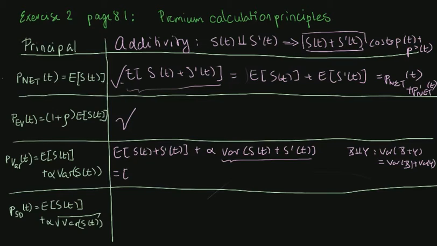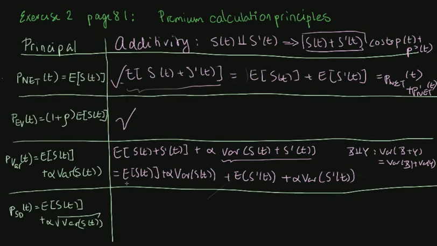So I have the mean of S of t plus alpha multiplied by the variance of S of t, plus the mean of S prime of t plus alpha multiplied by the variance of S prime of t.